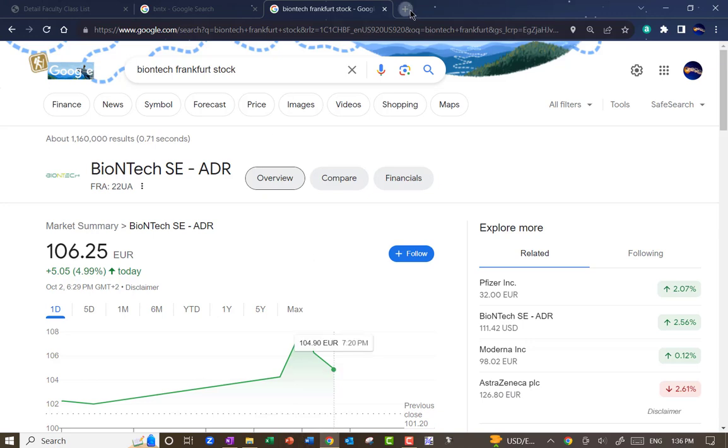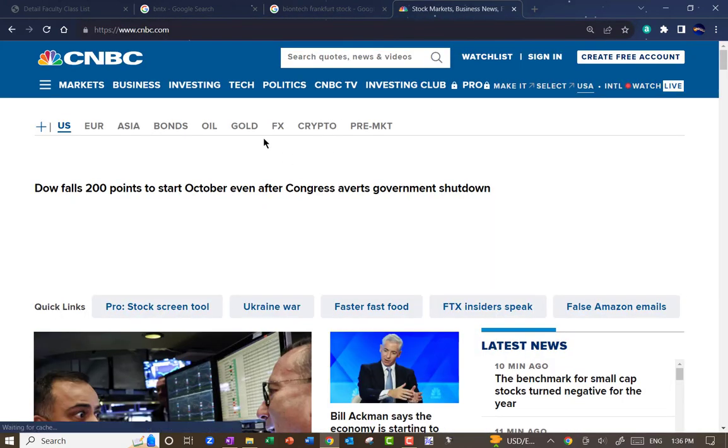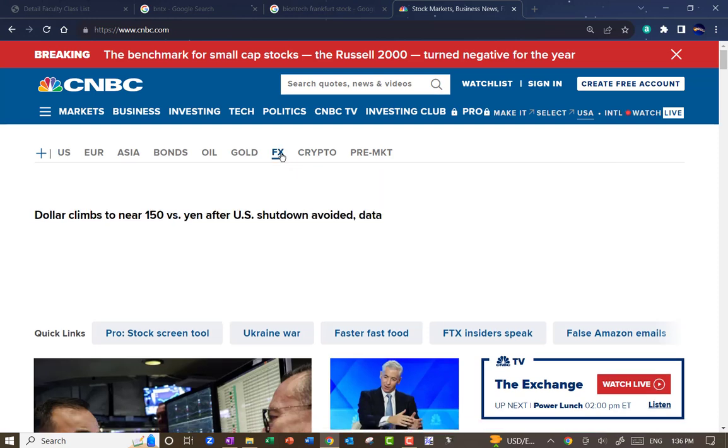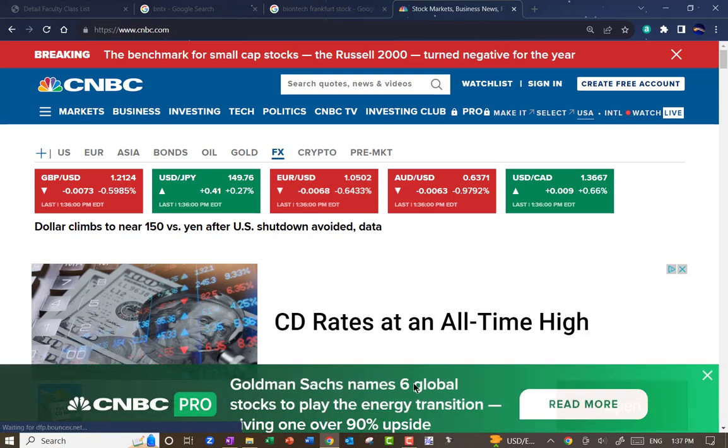If we actually adjust it for the exchange rate, €1 is $1.0502.